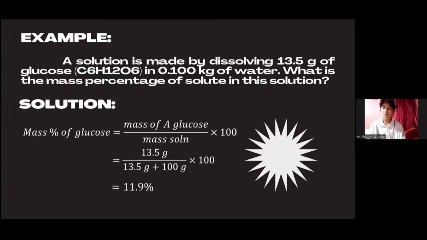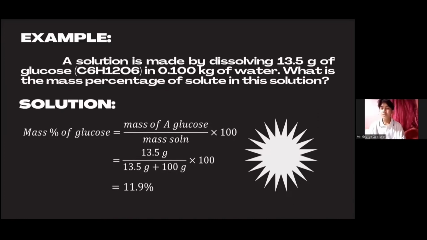Mass percent of glucose is equal to mass of glucose over mass of solution times 100. First, identify the given parameters, then substitute them in the formula. It will become 13.5 grams over 13.5 grams plus 100 grams, times 100.